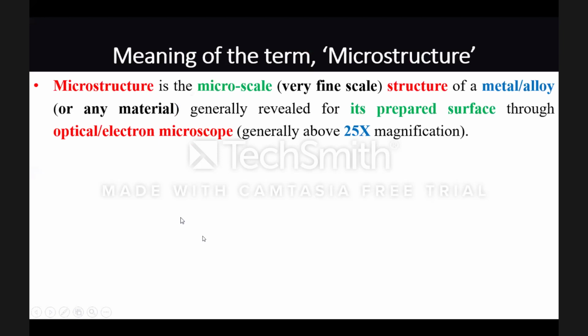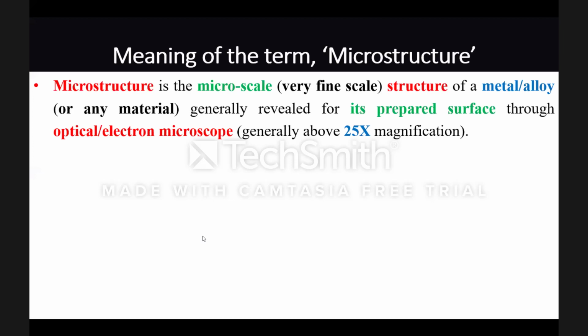So microstructure is the micro scale structure of a metal or an alloy, generally revealed for its prepared surface. It would only get revealed when you have metallurgically prepared the surface through grinding, followed by polishing, then by etching through a chemical reagent.